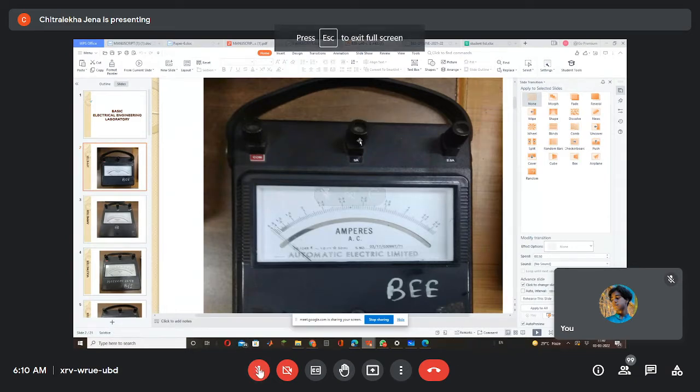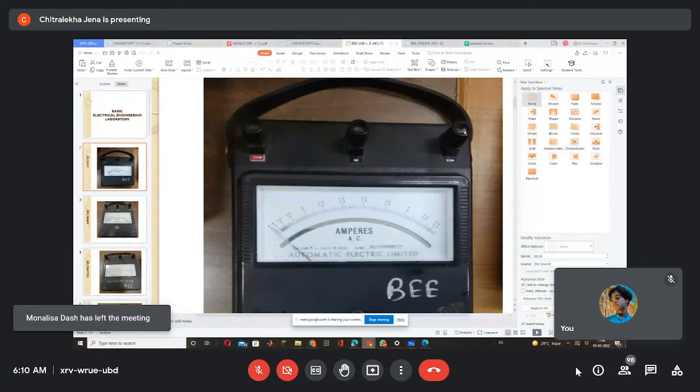Is it visible, right? Yes, ma'am. So these are the 2 ranges. One is written 5 ampere, and this is written 2.5 ampere. Suppose I have connected 1 point here. 1 point is common, it is compulsory. Another range you will connect, any one out of these 2. Suppose the pointer is at this point.